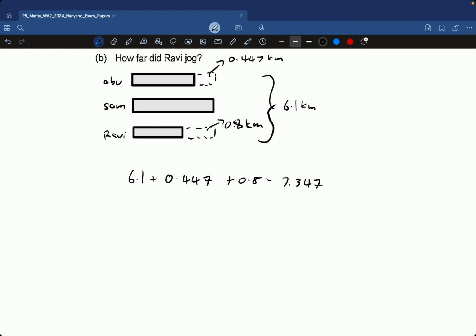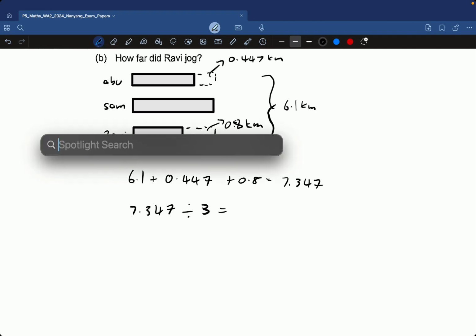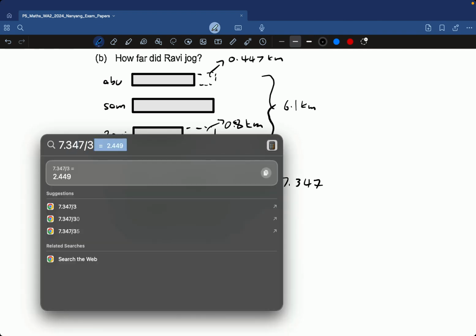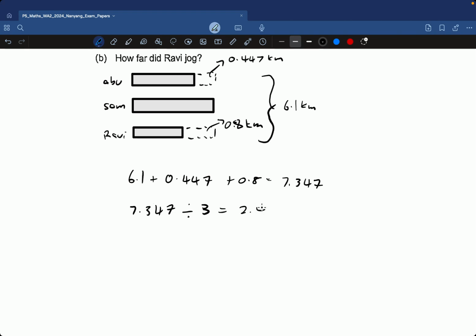7.347. Now we can divide to get the individual parts, right? Divide by 3. So 7.347 divided by 3. This will give us 2.449. And now with this, we know that each individual, so if everything is filled up, is 2.449. So now we just need to minus 0.8.